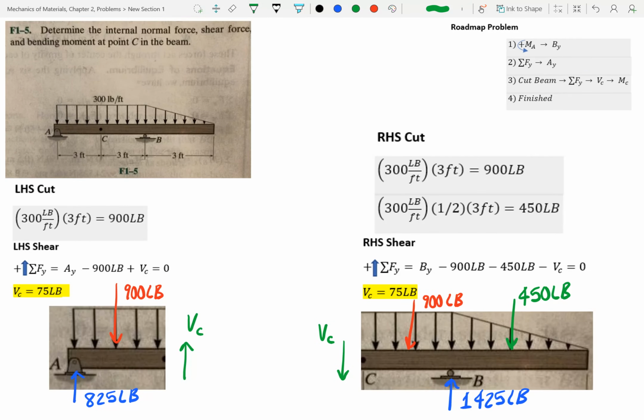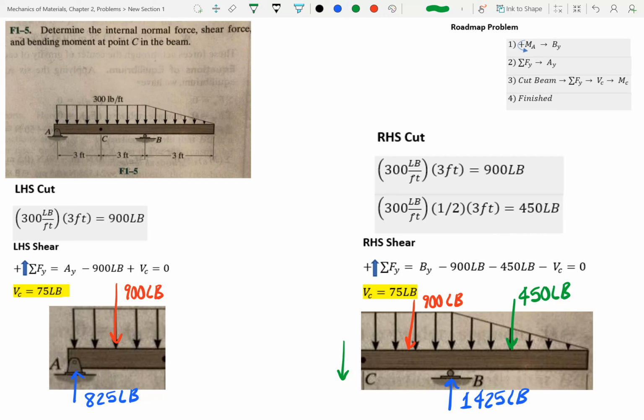Okay, next thing we want to do is we want to cut the beam. So let's go ahead and cut it right here, right? And let's look at the left-hand side of this. And that's right here, right? Say VC is up, right? Okay, so if you look at this, we have 900 pushing down, we have 825 pushing up.